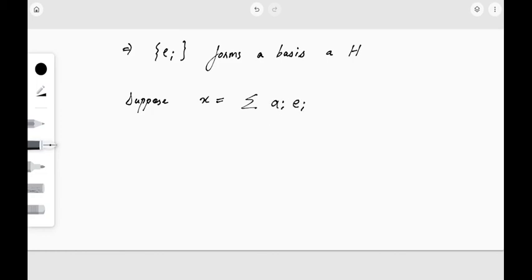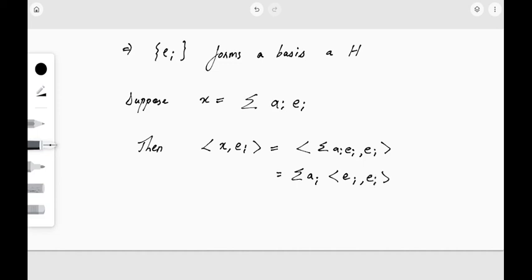Okay, now we have the inner product ⟨x, e_i⟩ will be nothing but ⟨summation a_i e_i, e_i⟩. Now I am taking the summation a_i common, summation a_i into the inner product ⟨e_i, e_i⟩, where i varies from 1 to infinity.